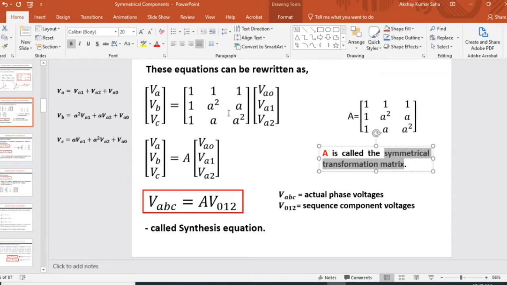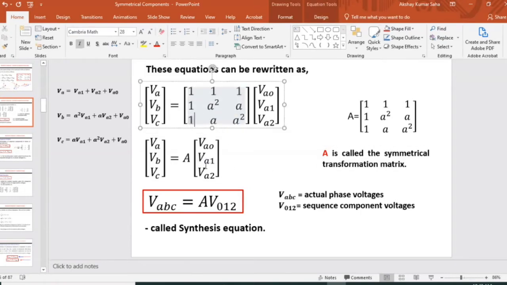So if we call it a transformation matrix, we can rewrite this equation as VA, VB, VC equals A times the sequence component voltages. In a simplified manner, we can write VABC, where ABC denotes the three phases and V is the voltage. Actual phase voltages can be represented by this transformation matrix and the sequence component voltages.